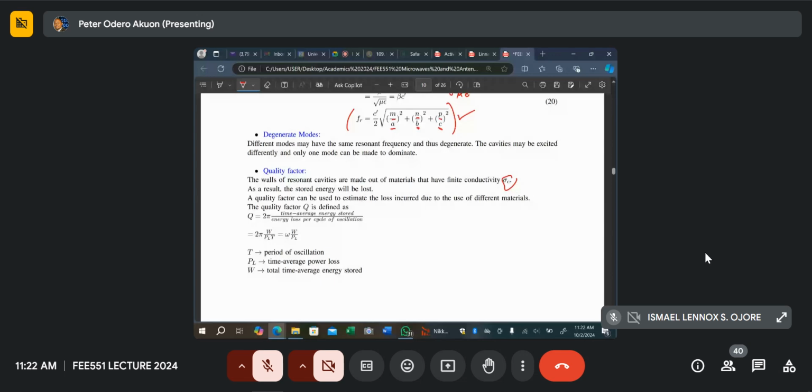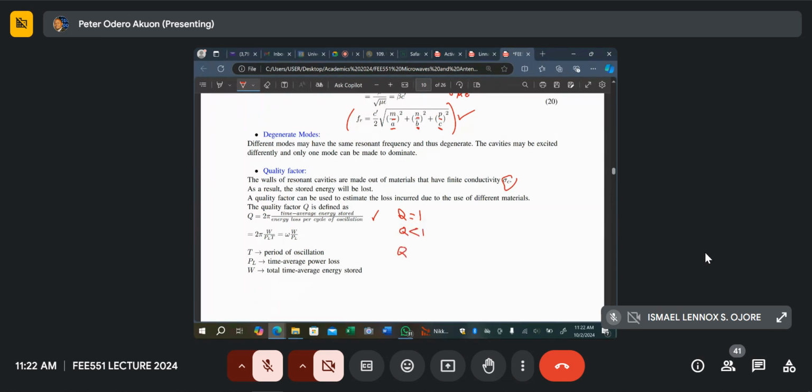So from this definition, the time average energy is stored over a certain amount of time, but you only want to divide by the energy loss per cycle of oscillation. What indication does that give you about the quality factor? Is it possible for the quality factor to be equal to 1? Do you think it could be less than 1?